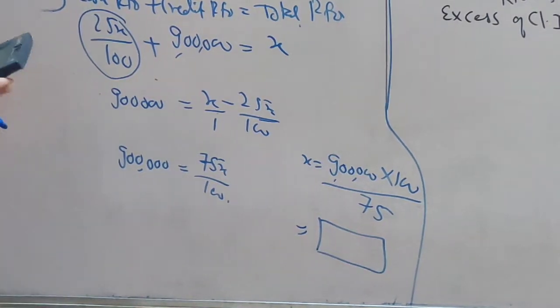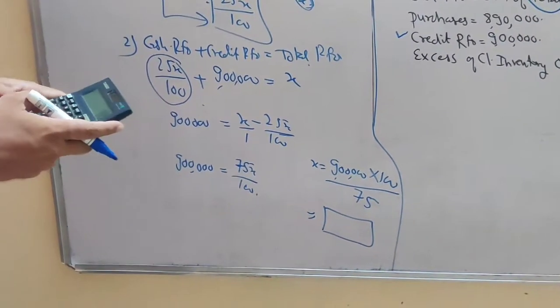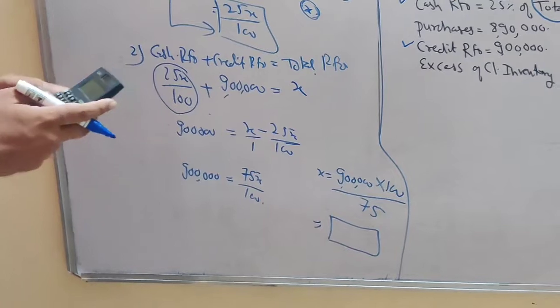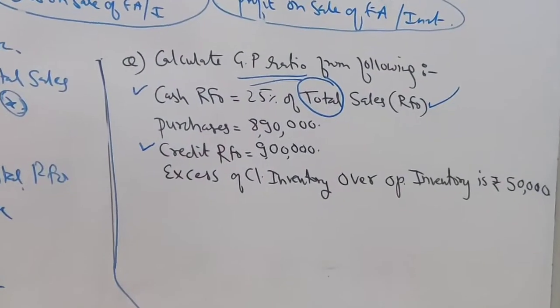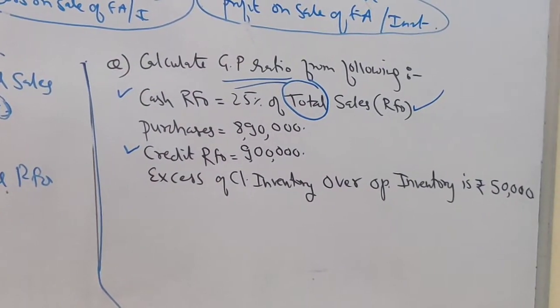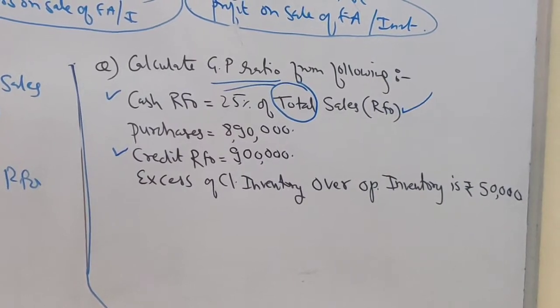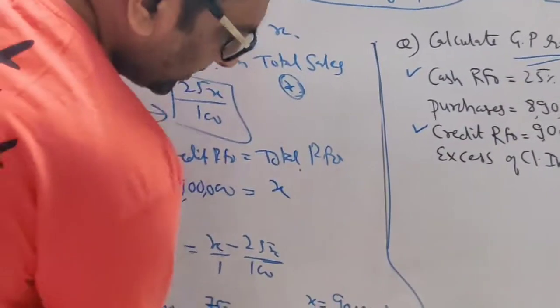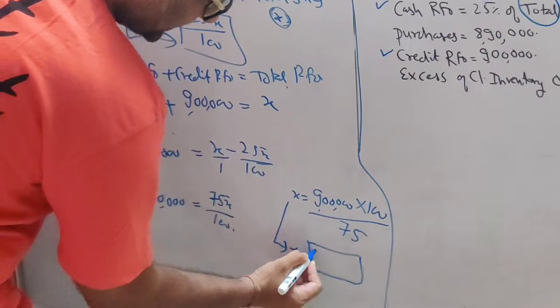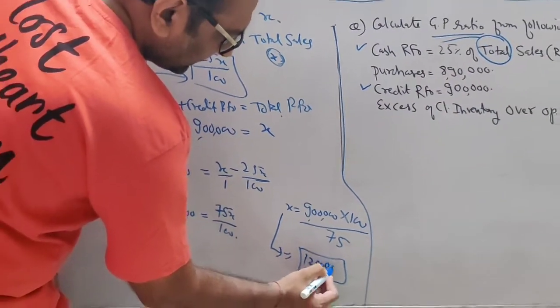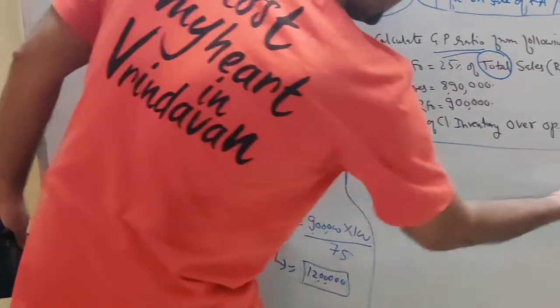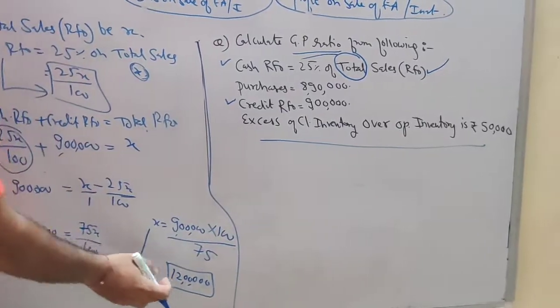So let's see what is your total sales. Students, your total sales, x ka value, is 12 lakh. Let's continue here. So you got the total sales.